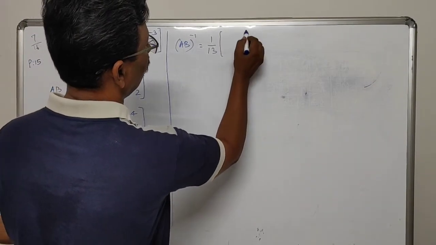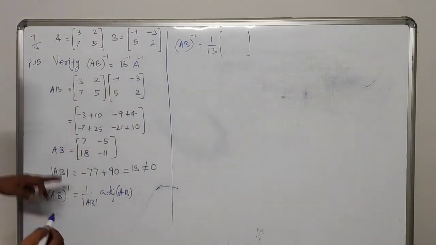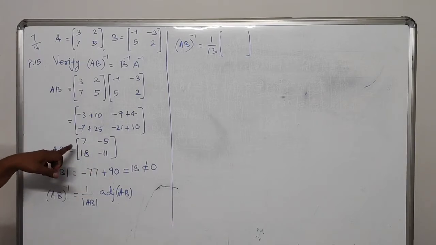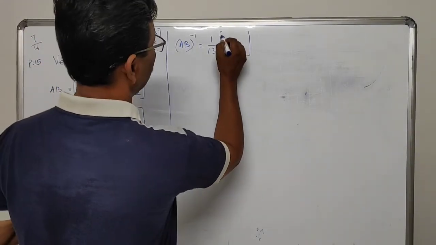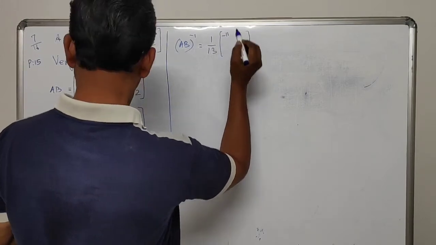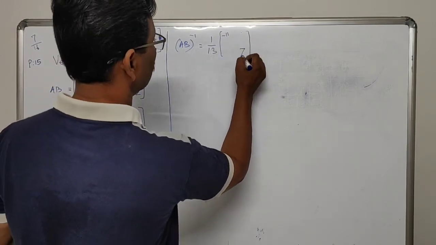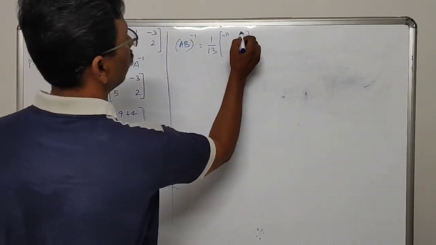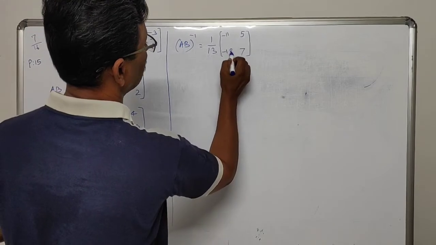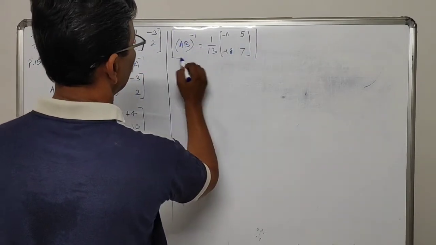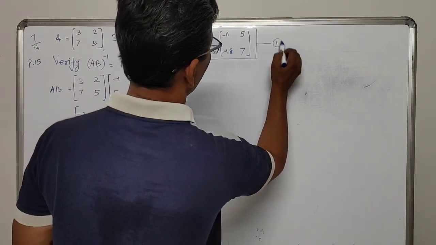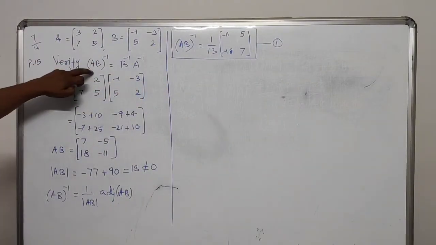We know very well how to find the adjoint for this matrix AB: interchange the leading diagonal, so you can take minus 11, then here 7, then 5, this is minus 18. Now this is AB whole inverse. You can have this as result number 1. The LHS part is completed.